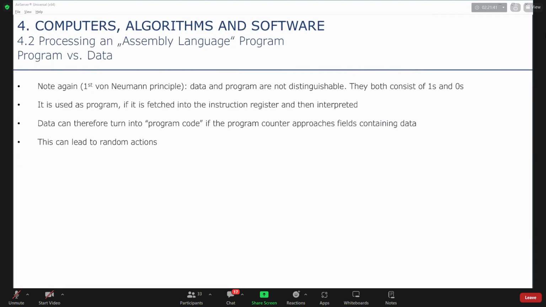Data is used as a program if it is fetched into the instruction register and then interpreted. That's how you are separating the zeros and ones which are representing a program from the zeros and ones which are representing data. Data can therefore turn into program code if the program counter approaches fields containing data.